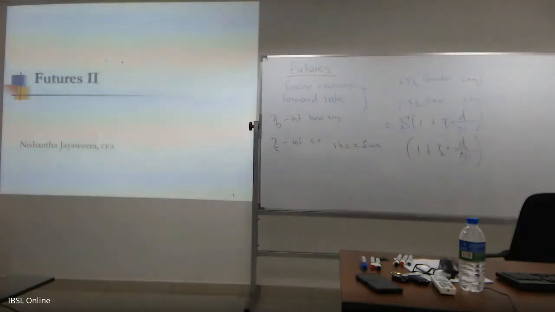What we factored here are the costs and benefits of two assets. Here, what are the two assets? Base currency and the counter currency. That's the concept we are going to use in futures price.